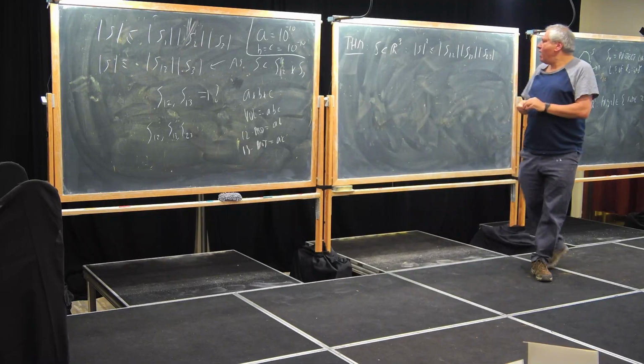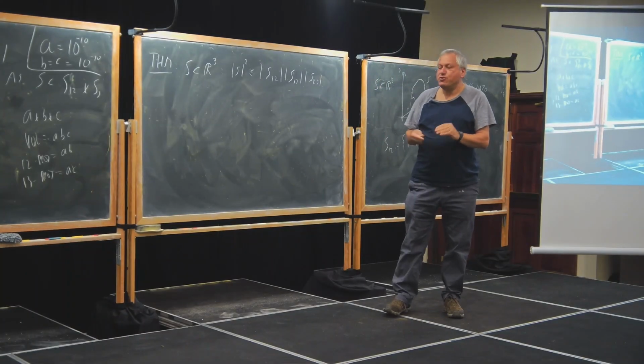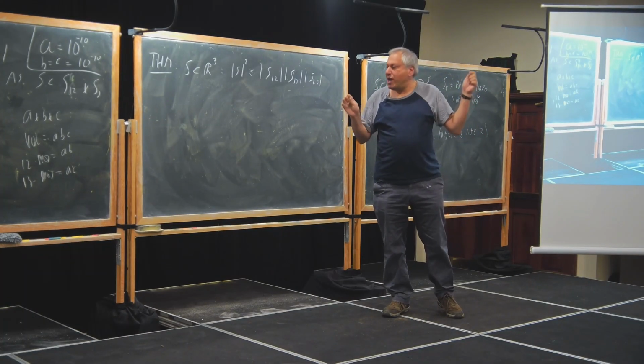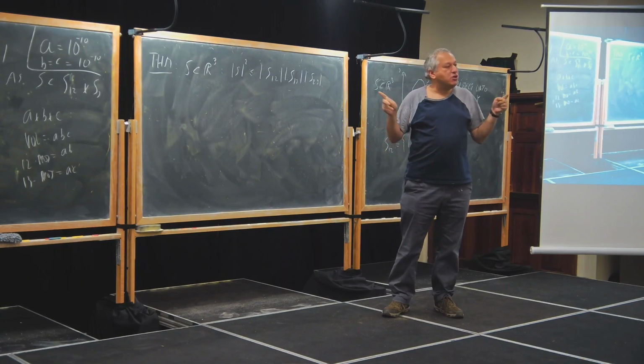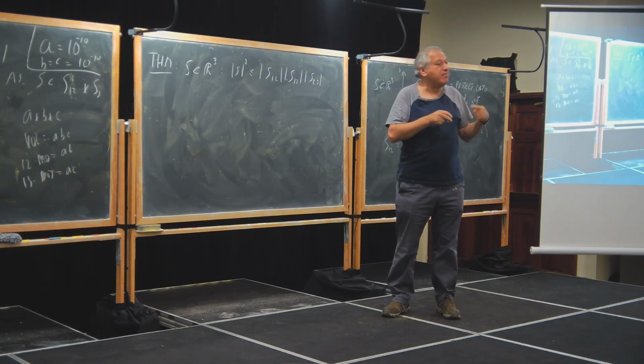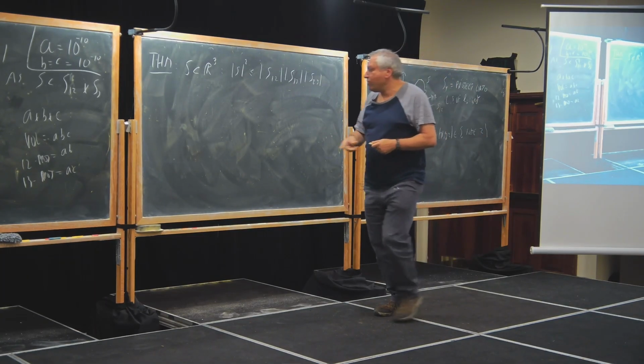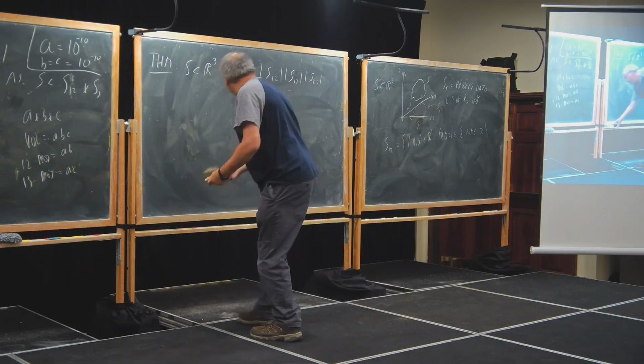Okay, I'm going to just digress for just a moment and say why we care. This is actually a very good place to say why we care about bodies if we're doing combinatorics. So I'll go into a different board, and I'll come back over there.